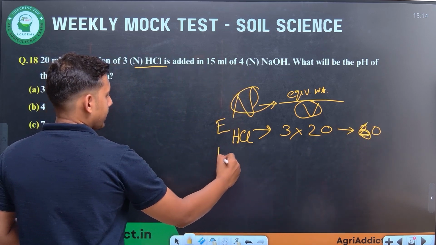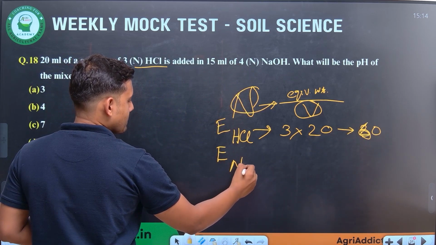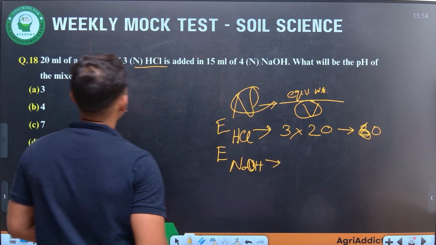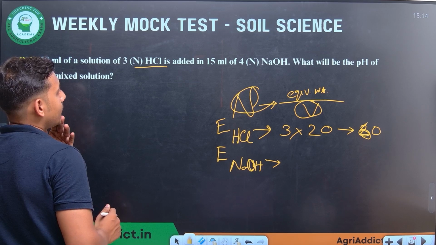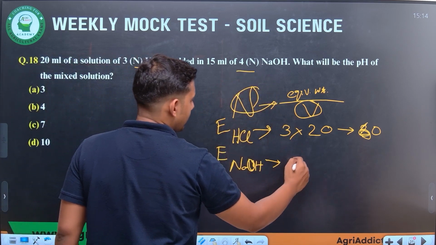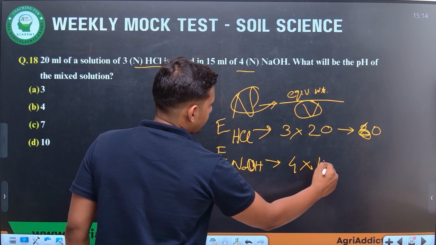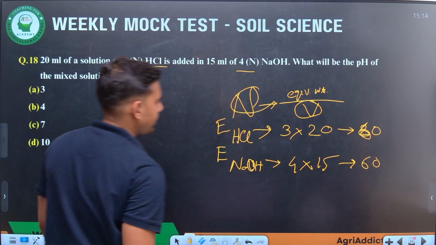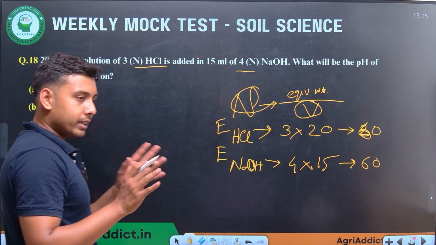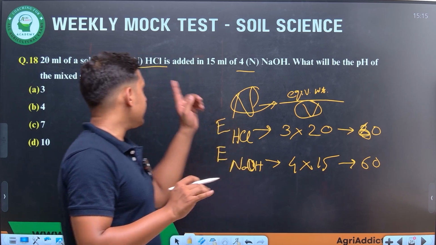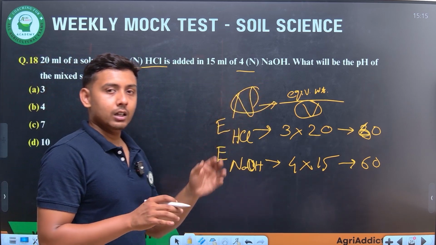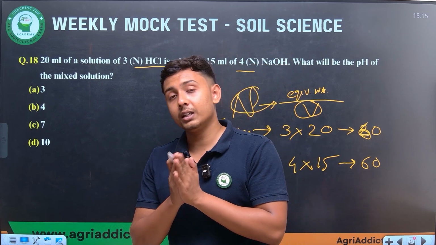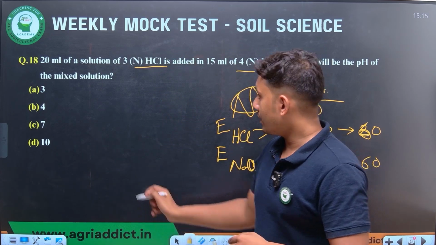And for NaOH, normality is 4 and the volume is 15 ml, so the total equivalent weight will be 60. As the equivalent weights are equal and one is an acid and one is an alkali, it will be completely neutralized, and when it is neutralized, the pH of that solution is 7.